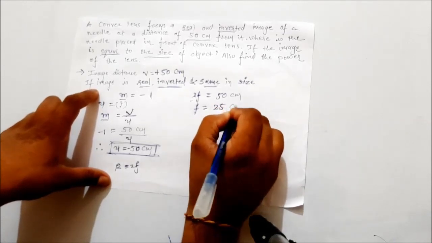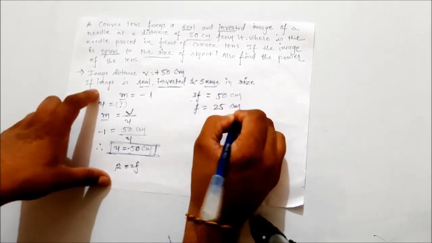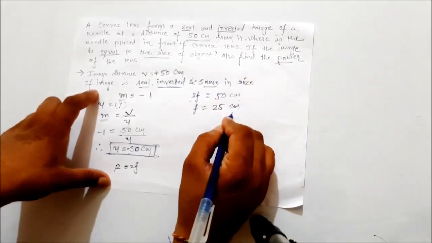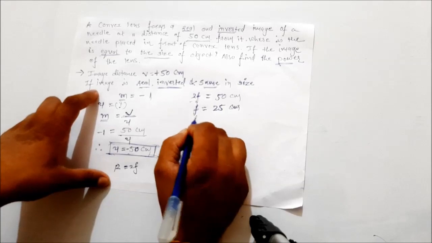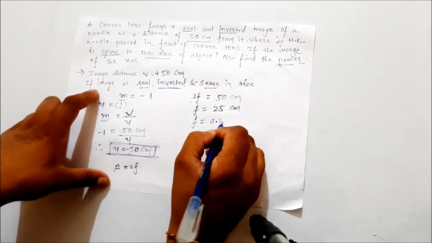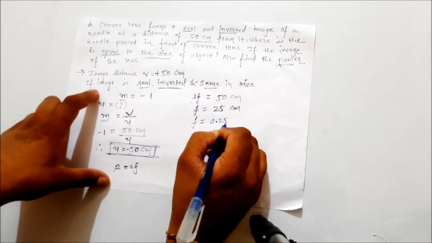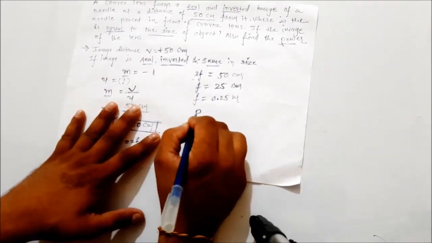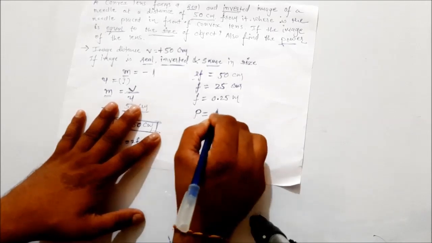We want power of lens. So for power of lens we must convert centimeter into meter. So value of f will be 0.25 meter. Now power of lens P will be equal to 1 over f.